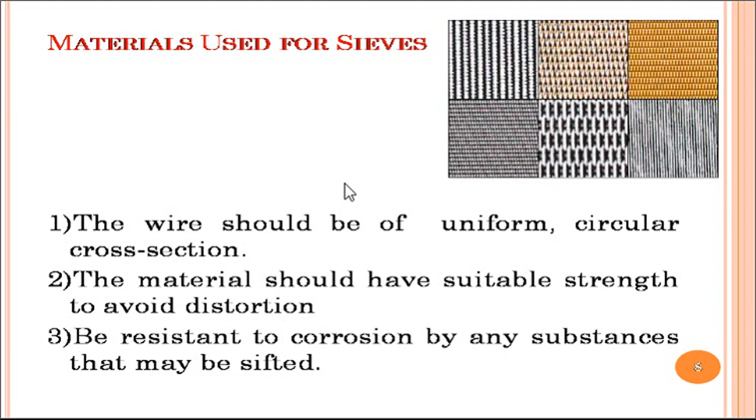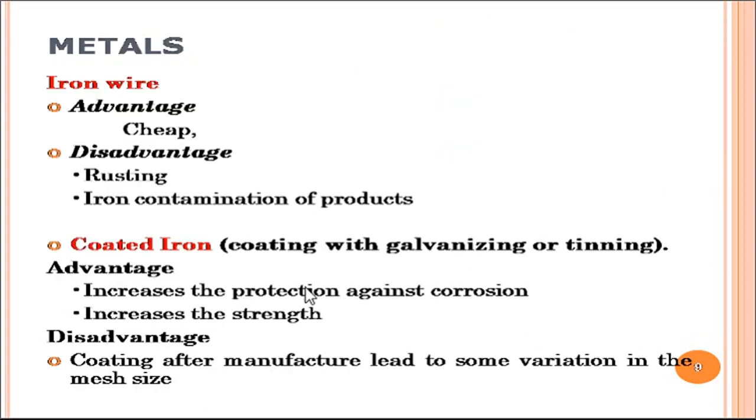Otherwise, there will be failure in the gradation of the powder. And the third important thing, it should be resistant to corrosion, because we know that varieties of materials are going to be handled in the pharmaceutical industry. So sometimes it may happen that we deteriorate or cause some corrosion within the wire mesh of your sieve.